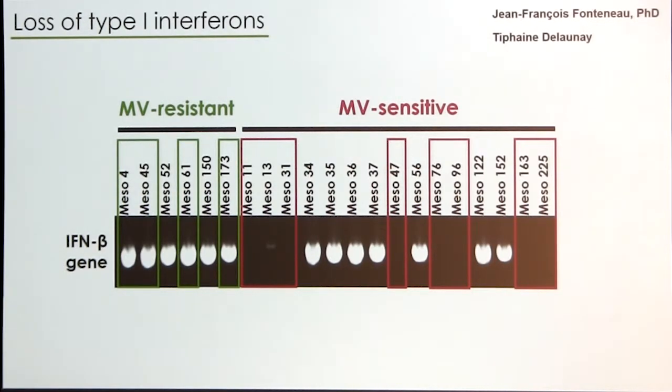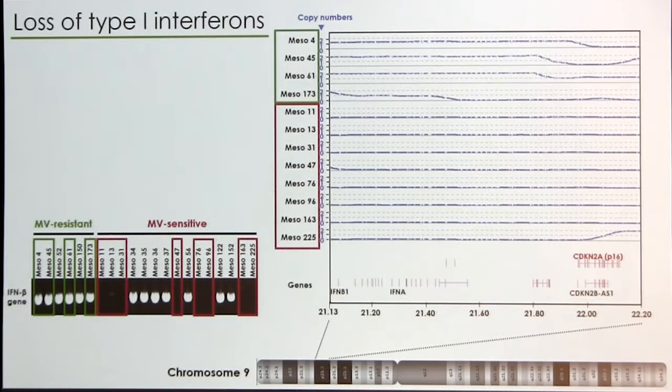When we look at the location of these genes, what's really interesting is that it's on chromosome 9. And on chromosome 9 you have CDKN2A, so P16. You have MTAP, which was removed actually. And you have the type 1 interferons here on the left, so it's really close to P16.